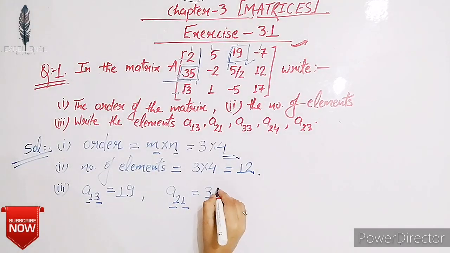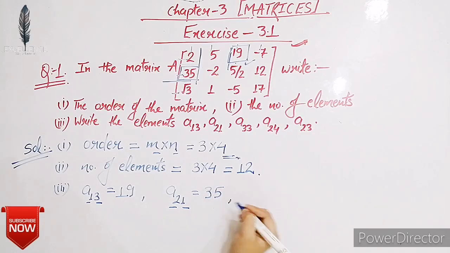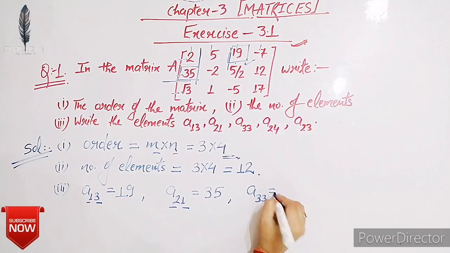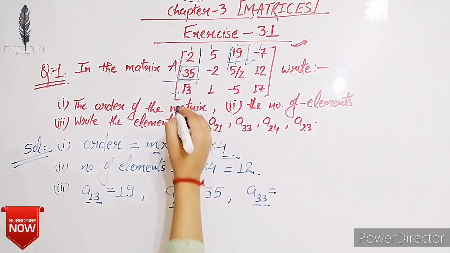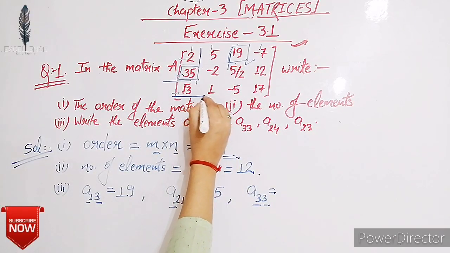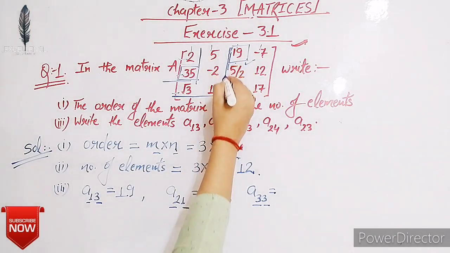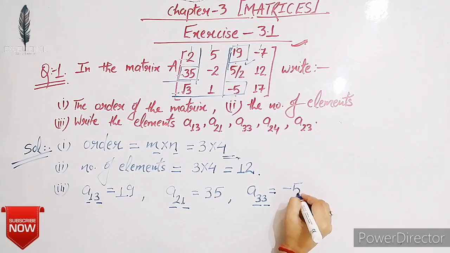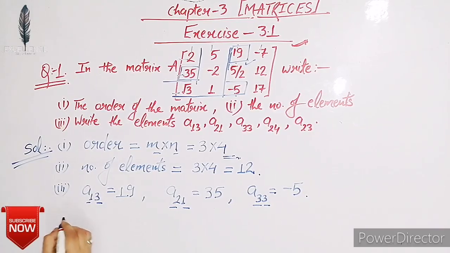So A21 is equal to 35. Next A33. Third row, third column. So our element is minus 5. A33 equals minus 5.